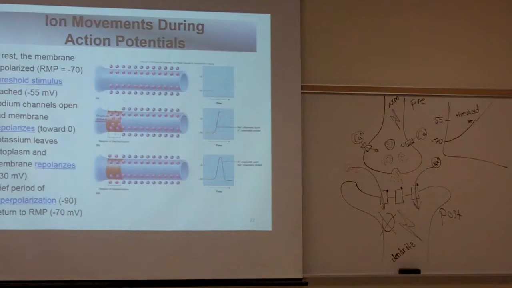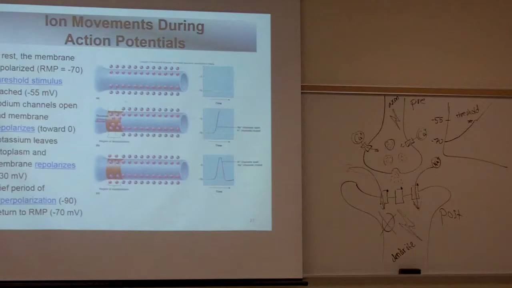It's an all-or-nothing thing. As soon as it's sparked, it goes all the way. As soon as threshold stimulus is reached at the axon hillock, which is the beginning of the axon, then that signal progresses down the entire length of the axon in waves.